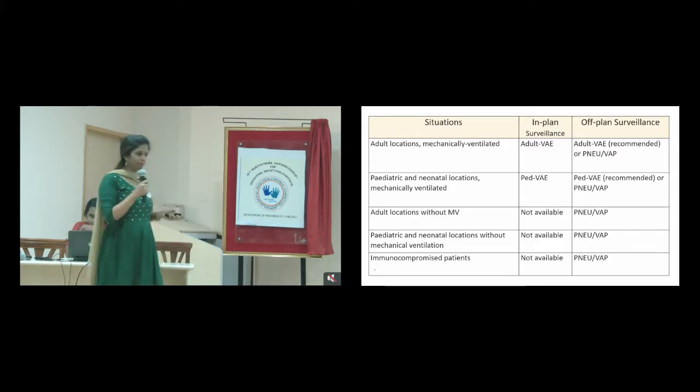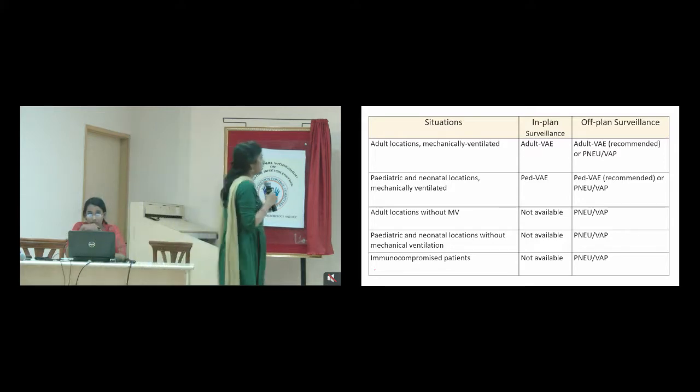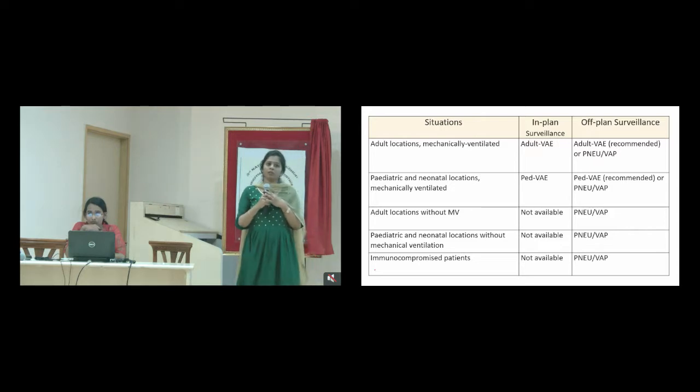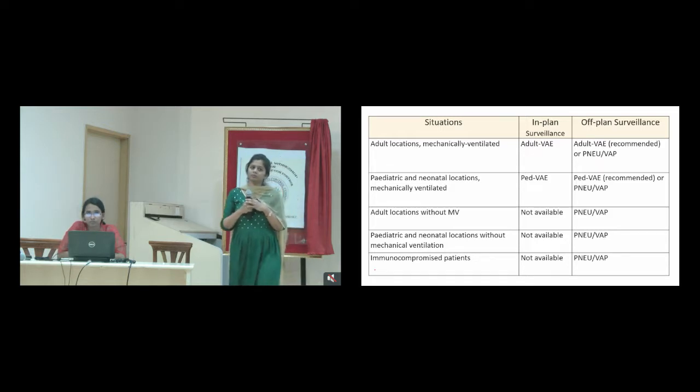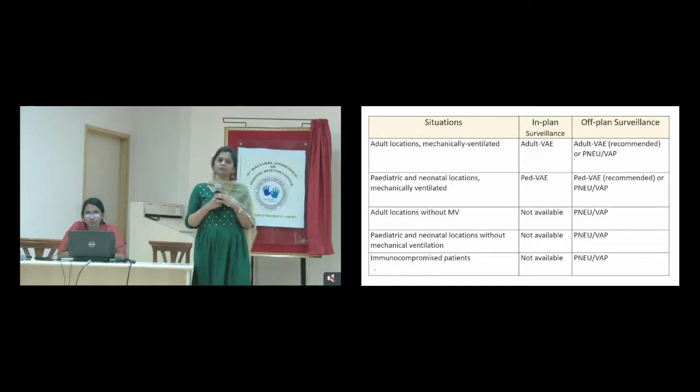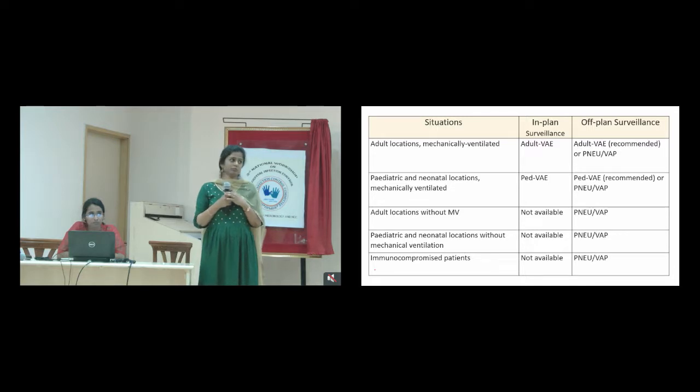Clear? Okay, so to summarize this particular slide, you have two kinds of surveillance: VAE surveillance and PNEU surveillance. PNEU surveillance is the old terminology which we used before 2013. It has a lot of subjectivity because of the number of symptoms, and the inter-observer variation will be more.